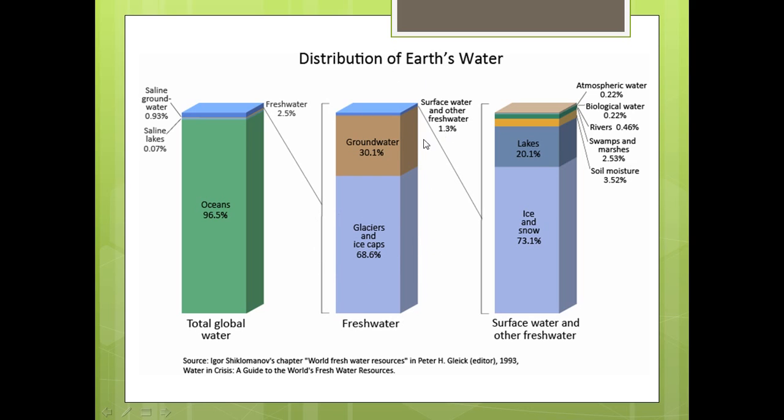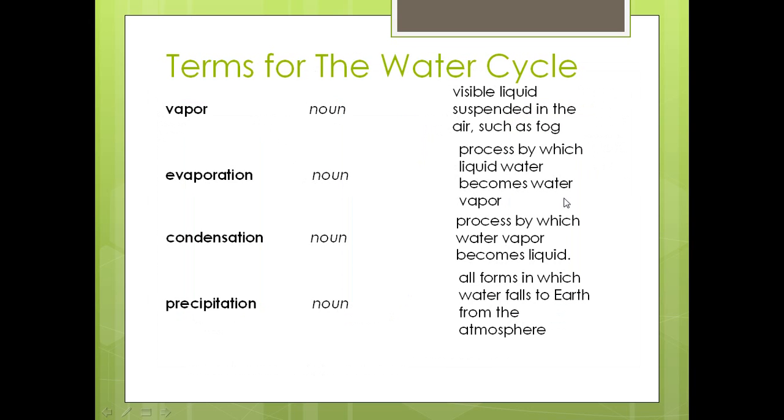And then our surface water, which only makes up 1.3% of all of the Earth's water, is in the form of lakes, ice and snow, and then some other water that's in the soil and swamps, rivers, and other places that would contain some water.